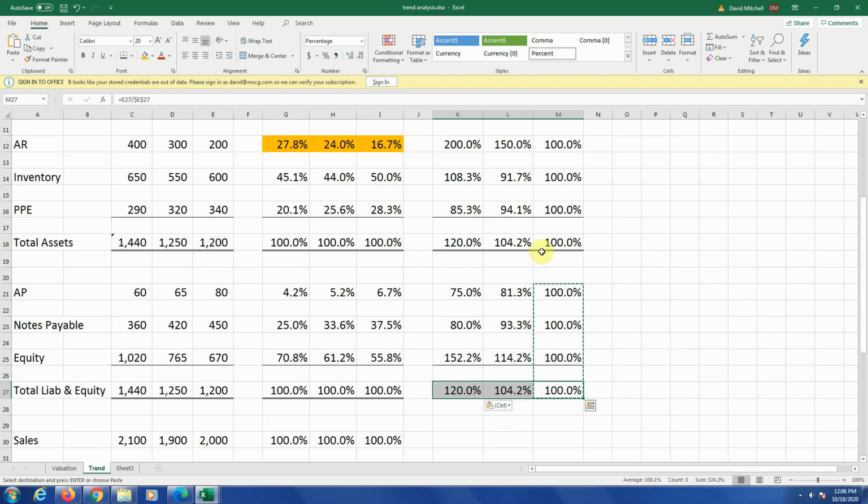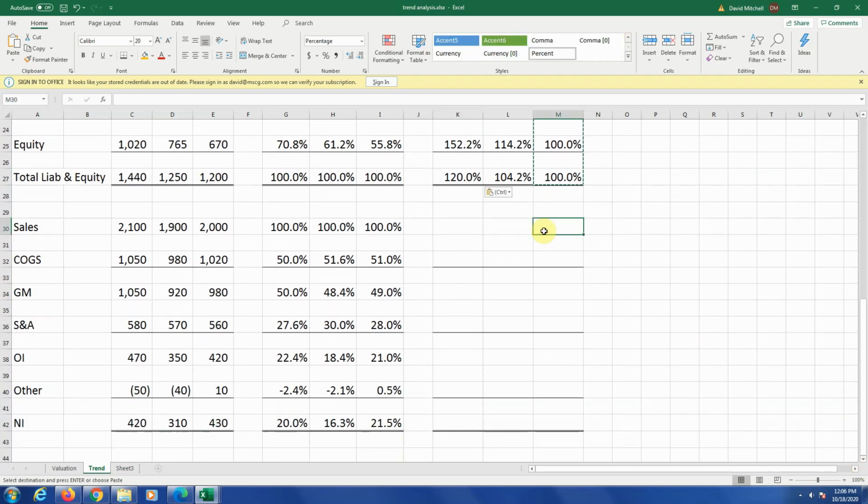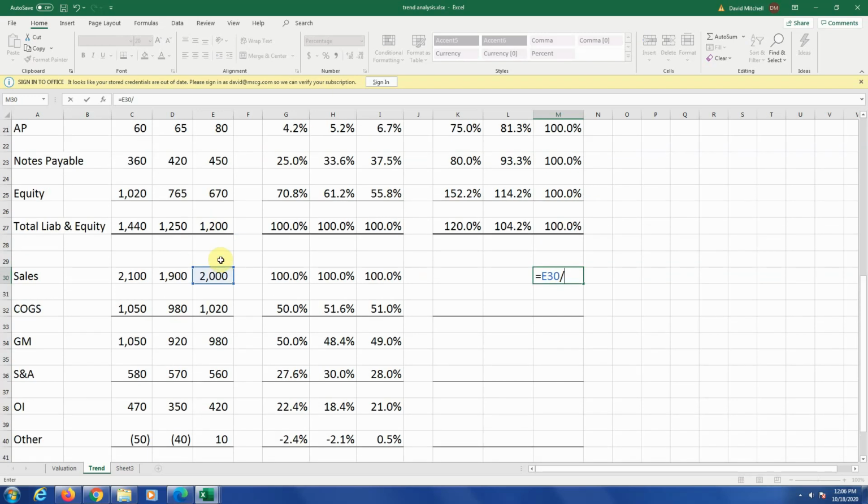Liabilities and equity are going to match assets because they're equal to each other. And then our income statement, everything in terms of 2017. So that's going to be our base for our calculation.